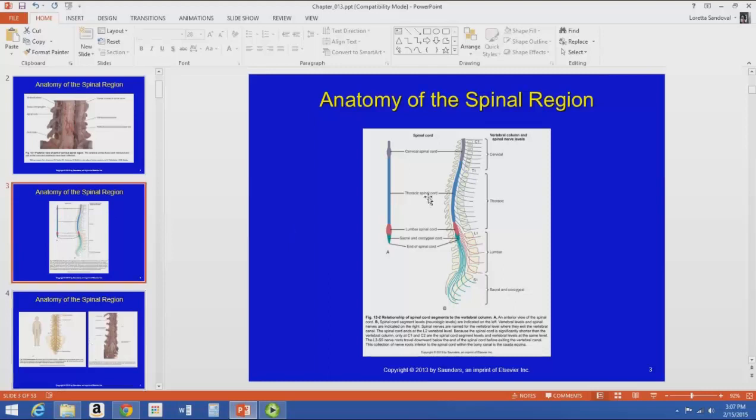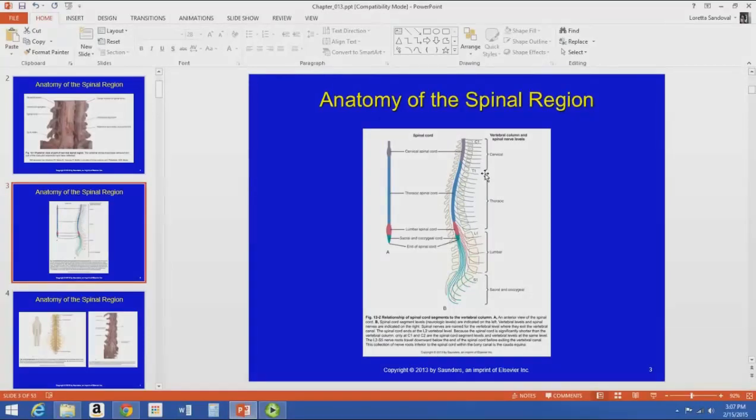So the nerve roots that come out from between the intervertebral foramina in the cervical spine come out above their individual vertebra until you get to the C8 nerve root, because we know there's no C8 vertebra, just C1 through C7. So the C8 nerve root comes out between C7 and T1, and then all of the nerve roots lower than that come out below their individual vertebra.